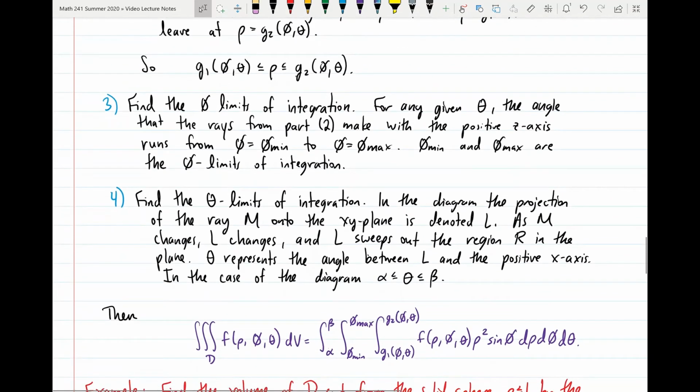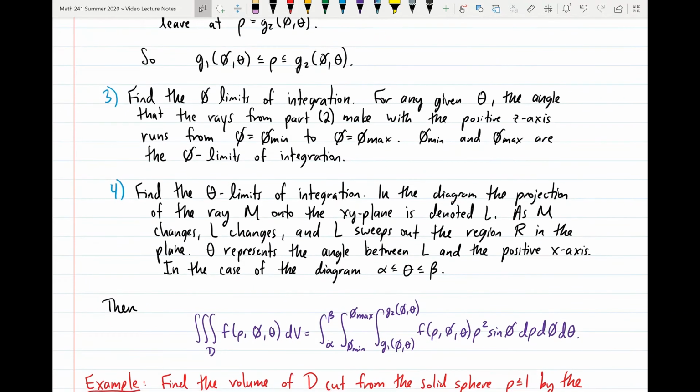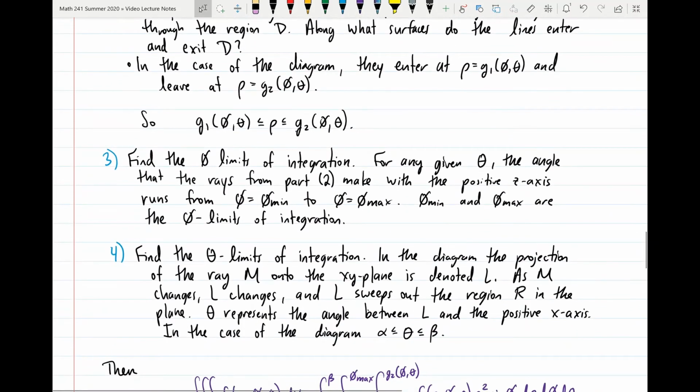And then finally, the last variable to worry about is theta. So we want to find the theta limits of integration. Well, in the diagram, the projection of our rays M down onto the xy plane gives us this ray L, and theta can be thought of as the angle between the positive x-axis and that projection ray L. So as M changes, L is also going to change, because L is the projection of M onto the xy plane.